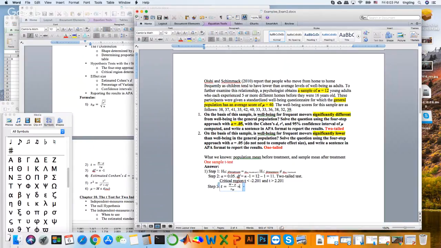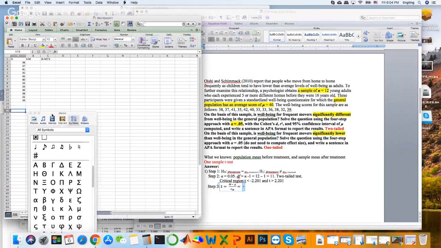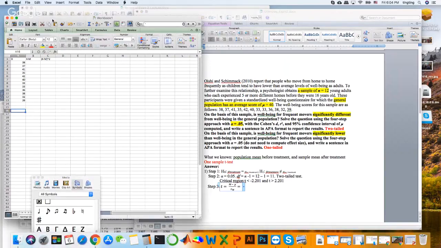Here we need to compute the population mean first. No, the sample mean first. To compute the sample mean, to save time, I just use Excel. In the exam, you can use the calculator. Just sum them together and then divide by the sample size.